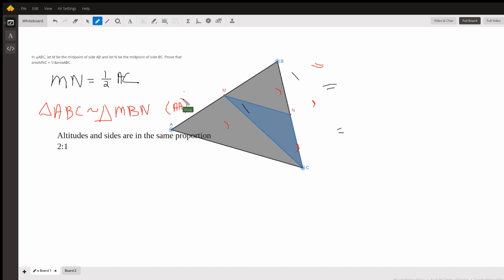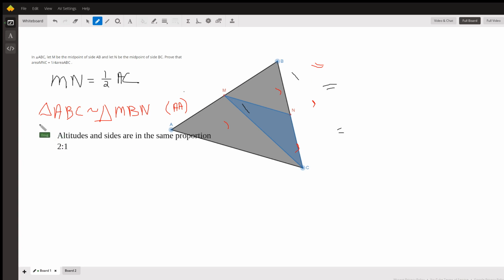One thing we're going to notice is that the big gray triangle is similar to the little gray triangle at the top, MBN, by angle, because of corresponding angles. We've got two parallel lines cut by this transversal, so angle A equals angle BMN, and they share angle B. So those two triangles are similar.